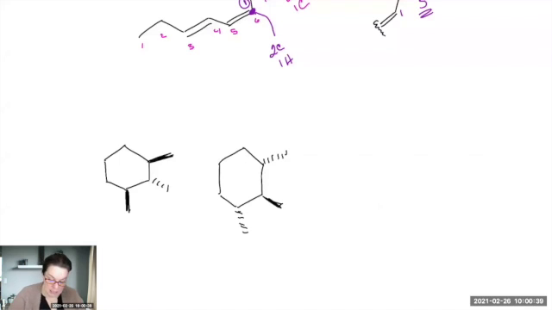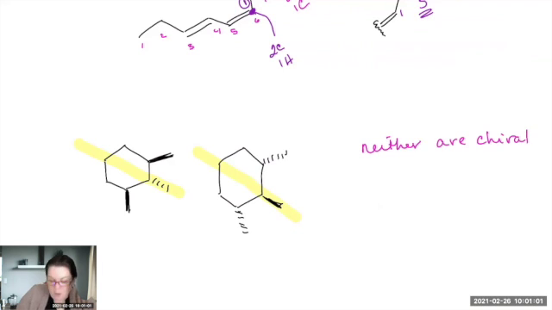If there's a plane of symmetry, which there is in this case, there is one that goes right through the middle here. That means that neither of these molecules are chiral. What does that mean?